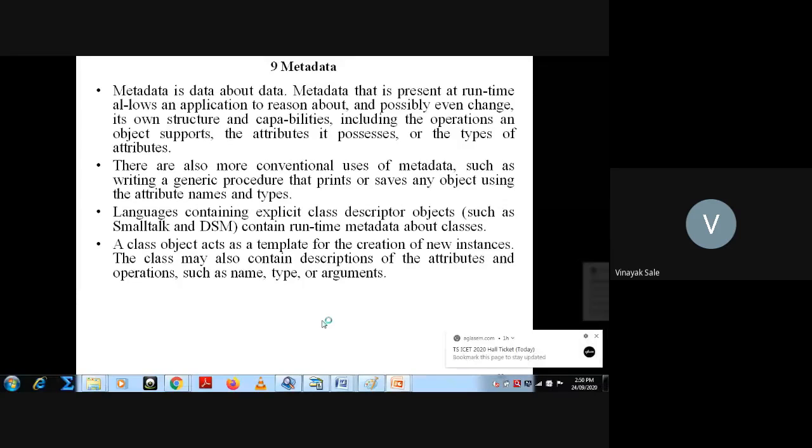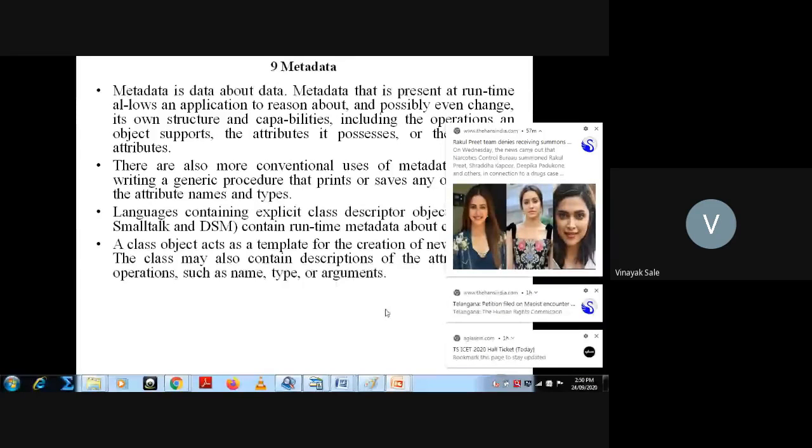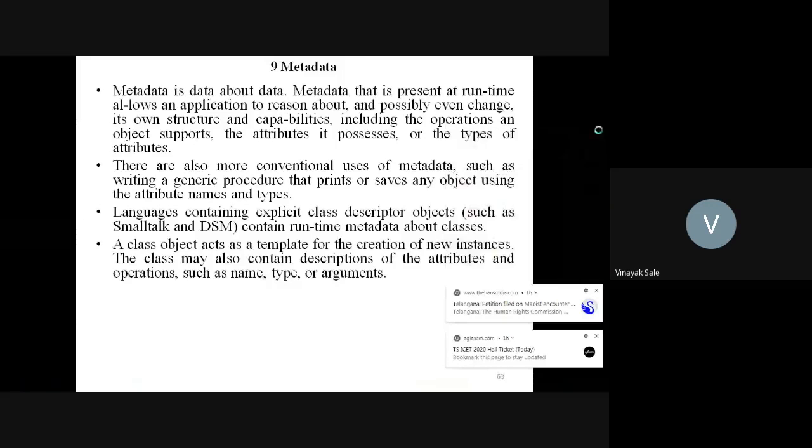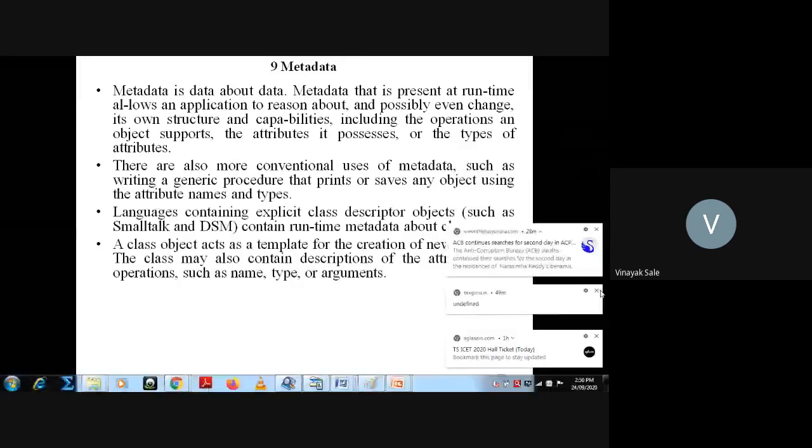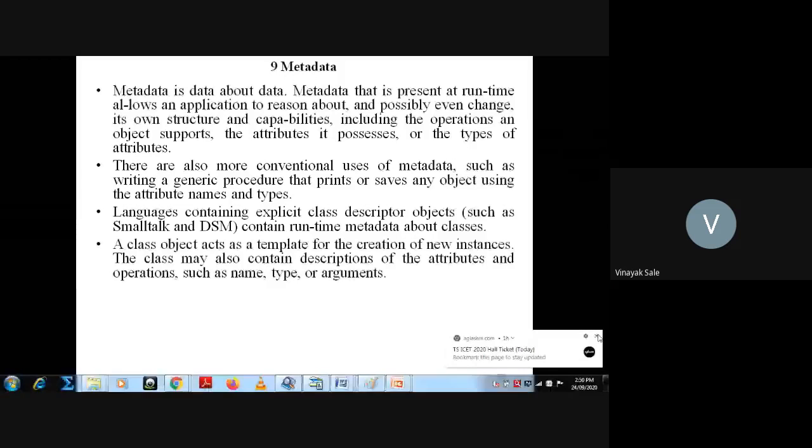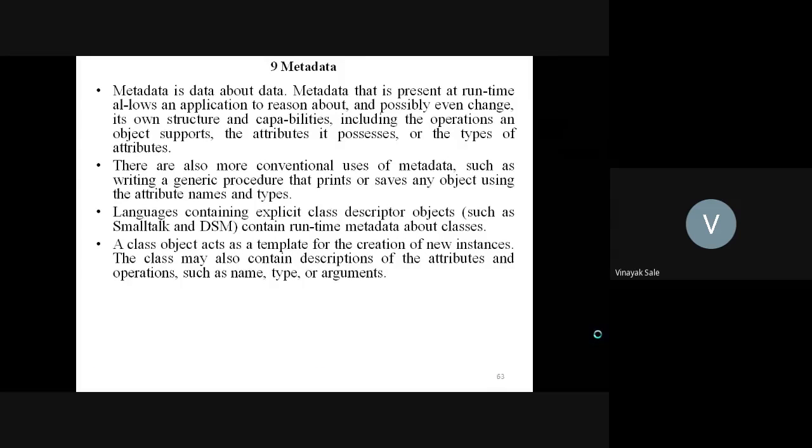Metadata that is present at runtime allows an application to reason about and possibly even change its own structure and capabilities, including the operations and objects it supports, the attributes it possesses, or the types of attributes.